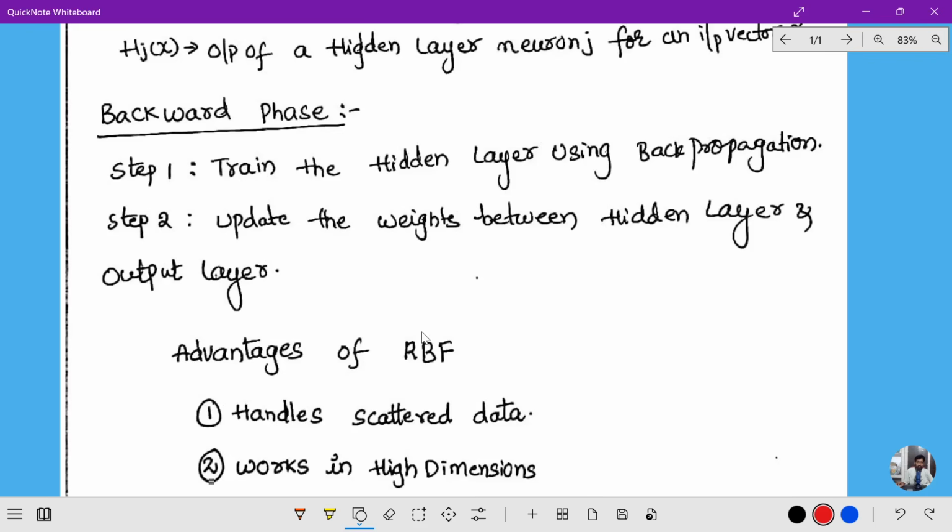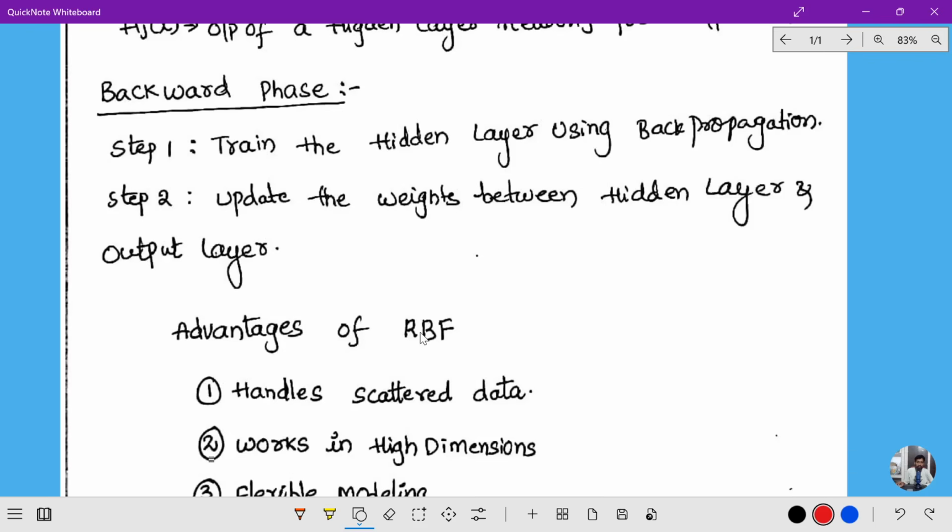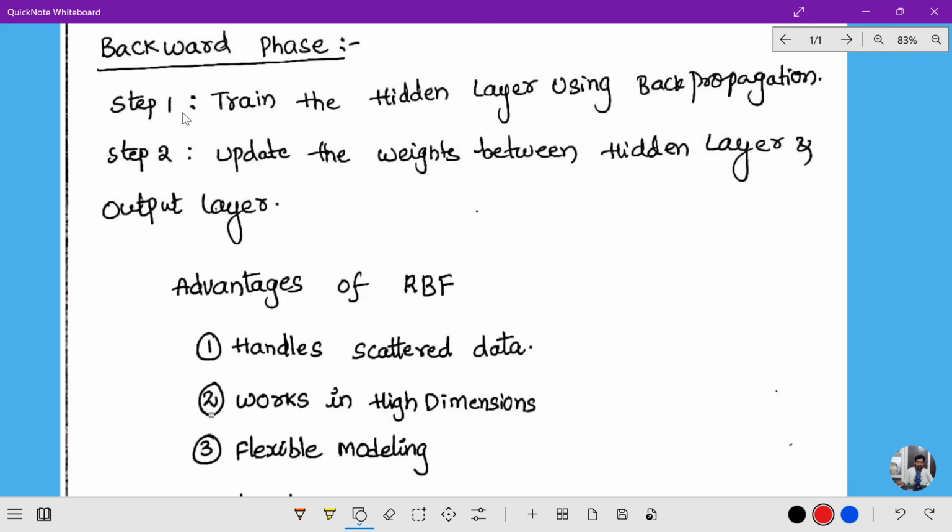But when it comes to the backward phase, what is the meaning of backward phase? In the backward phase, first we train the input to hidden layer using back propagation. Remember all of you, we train the hidden layer using back propagation.